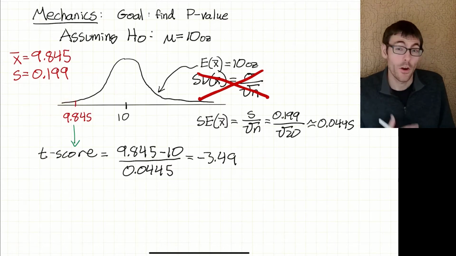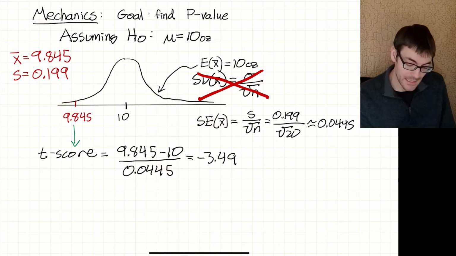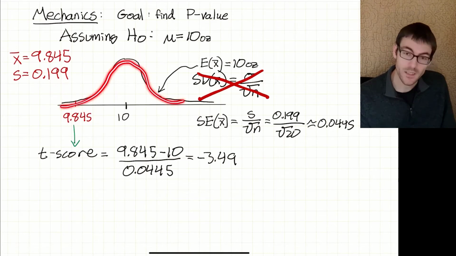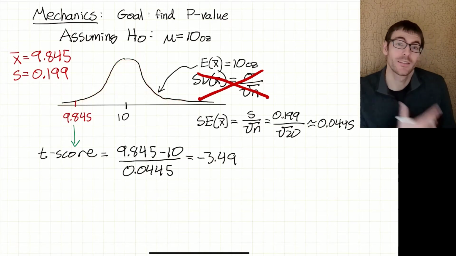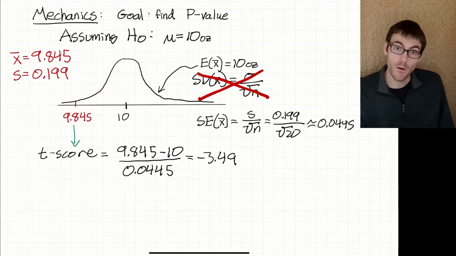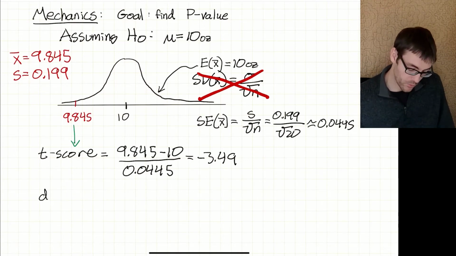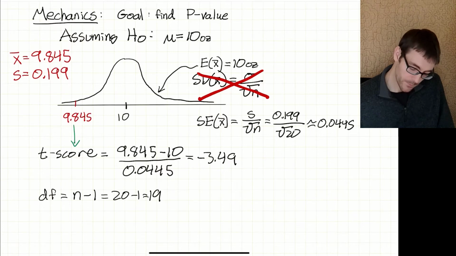Yeah, there are a whole bunch of different t distributions. We have to specify how big our sample size is. More specifically, we have to specify the degrees of freedom. Now for these questions, this is going to be the sample size minus 1, which in this case is just 19.